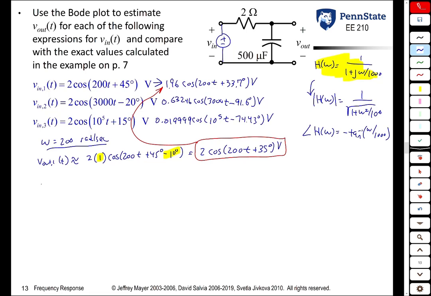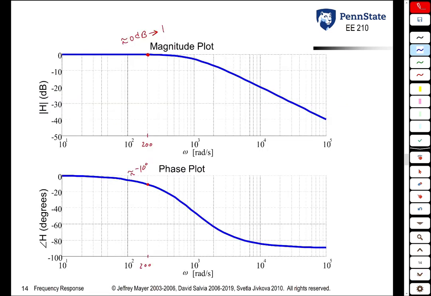Let's do the same thing for the second signal at 3000 radians per second. So here, 3000, let's see, here's 1000, so that's 2000. That is 3000 right there, there, and there.